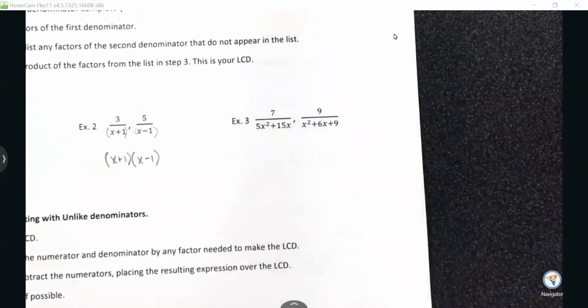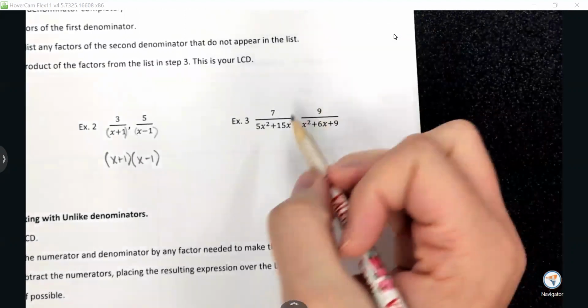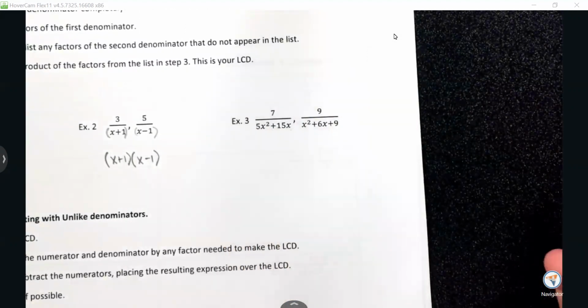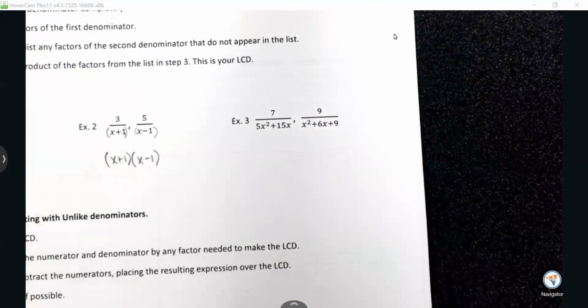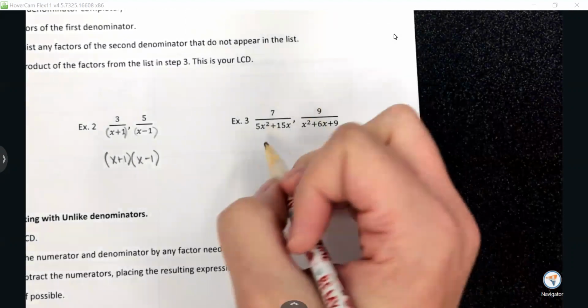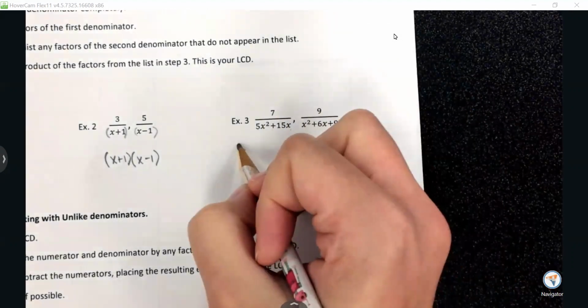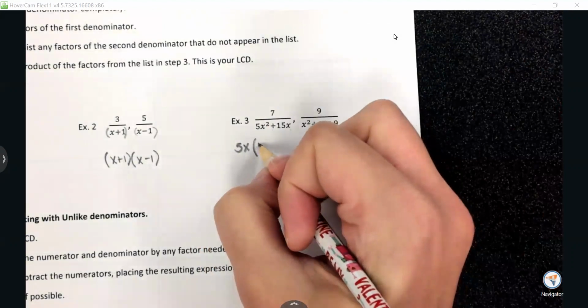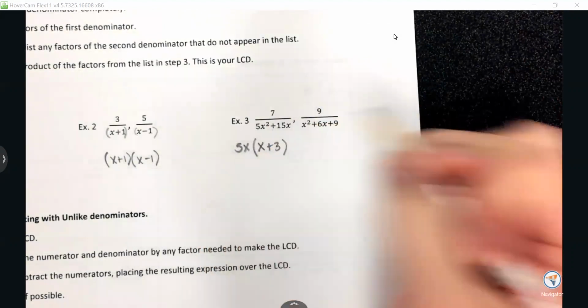Before I can find a common denominator, you have to factor it out. So I have 5x squared plus 15x. What's my GCF? 5x, and left over would be x plus 3.